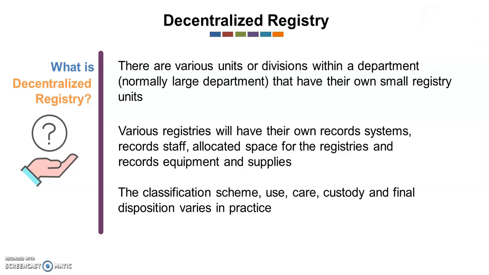Records regarding financial or fiscal information will belong to the finance department registry, and so on. And it's not only about custody, but also the disposition measures or disposition procedures, which will depend on the department, since they have their own practices.